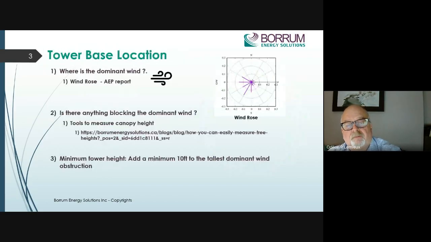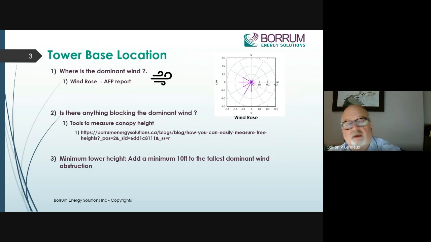Okay, so what are some of the factors to consider when selecting where the tower base needs to be? Well, the first element to pay attention to is where the dominant wind comes from. Now you're going to say, where do I find that? Well, it is included in the Borum Energy Solution wind roses, which is in the AEP report.